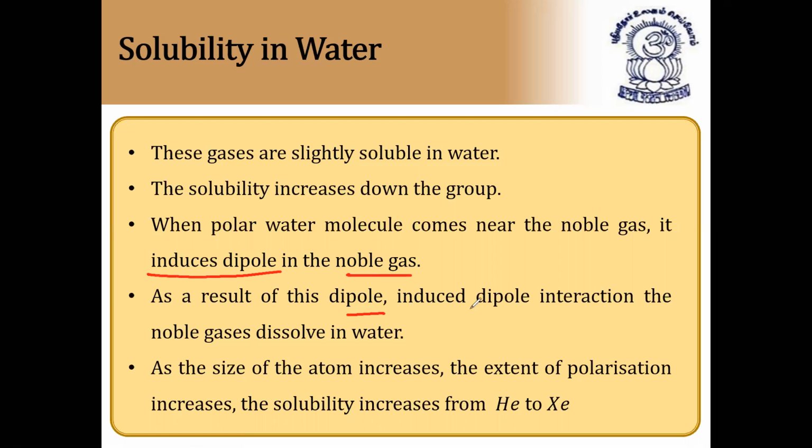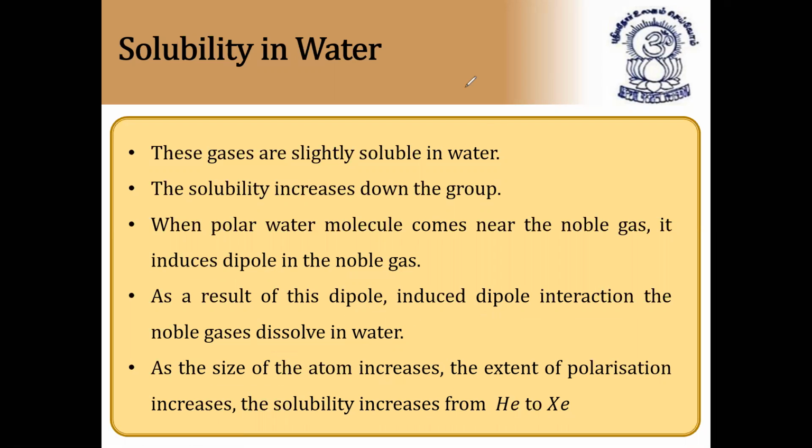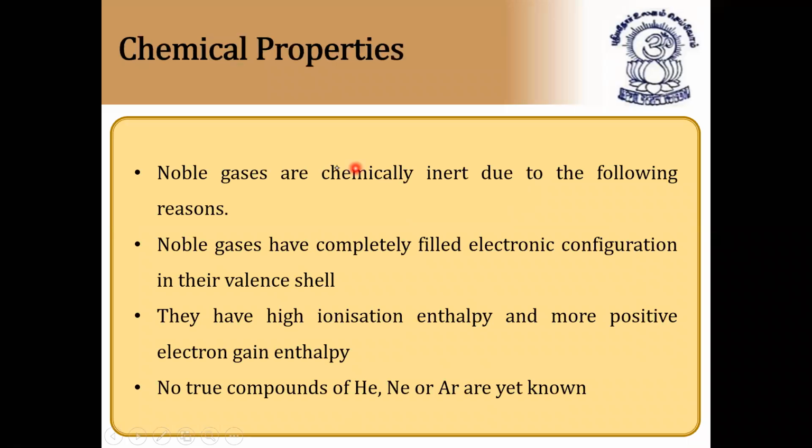As a result of this induced dipole interaction, the noble gas dissolves in water. As the size of the atom increases, the extent of polarization increases and the solubility increases from helium to xenon. I hope it's clear. It's not that much important. Whichever is important, I'll tell you, mark that.